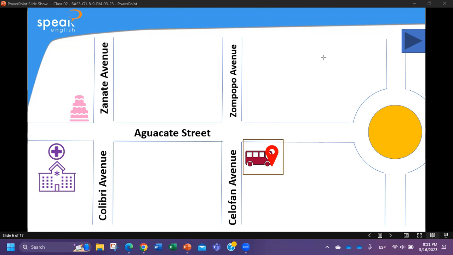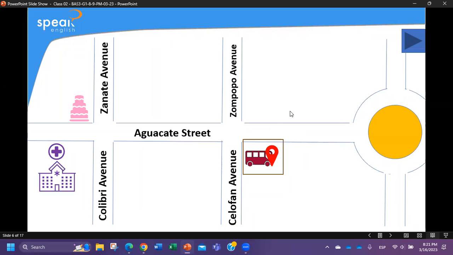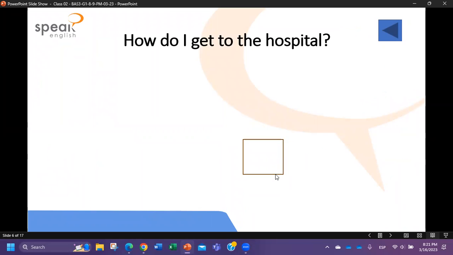So what is this place? Bus station. Okay, so this is a bus station. Excellent. So the question is, how do I get to the hospital from the bus station?